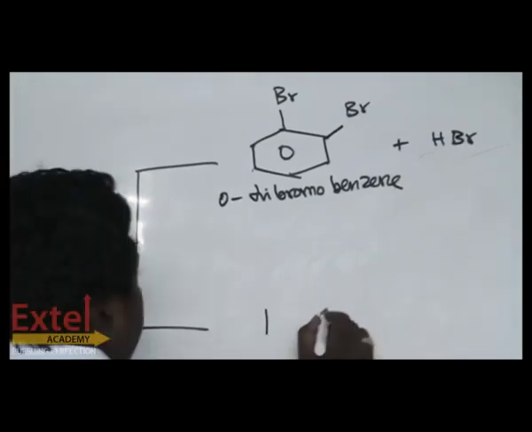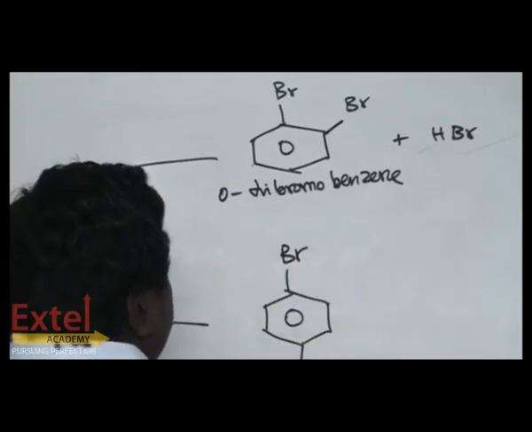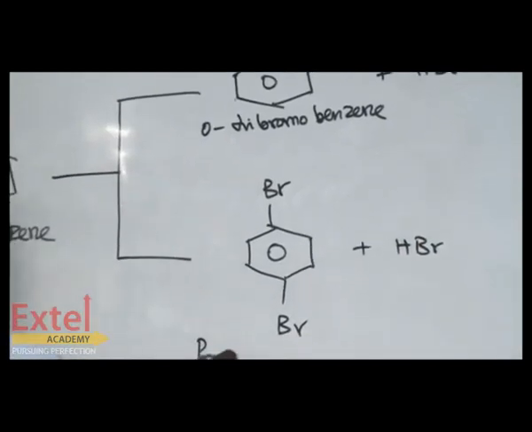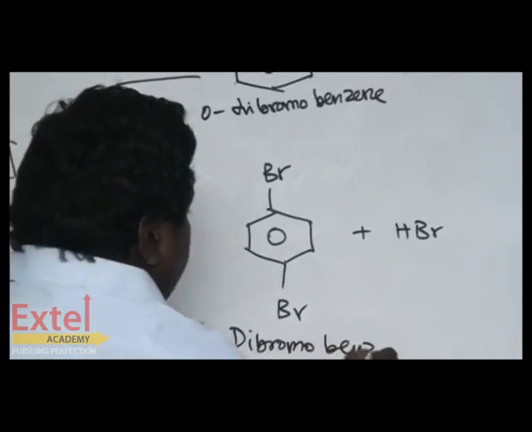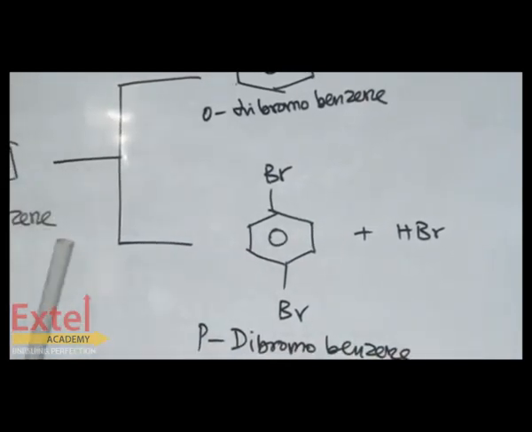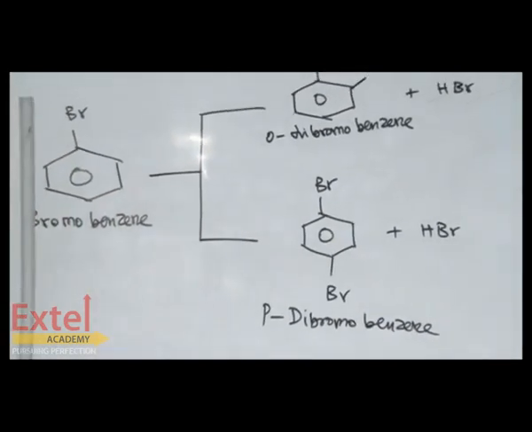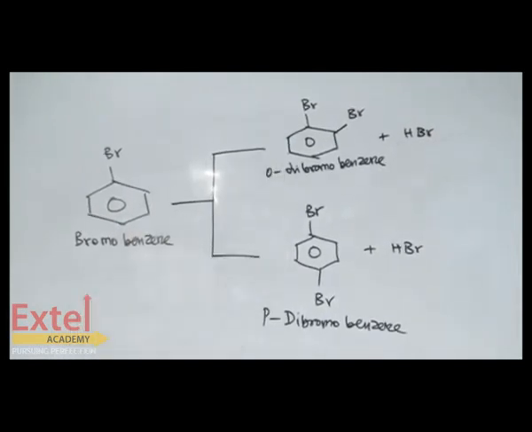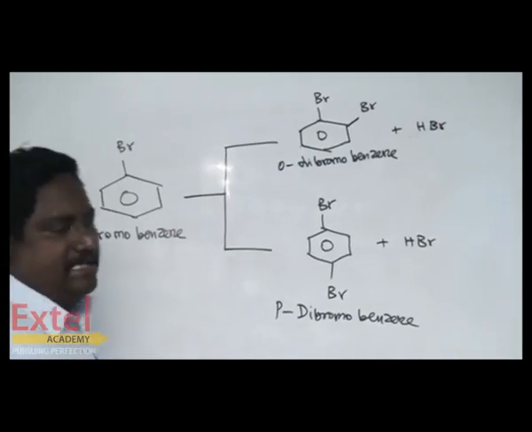In another case, para-dibromobenzene could be formed. So, it is the parallel reaction. Bromination of bromobenzene gives ortho-dibromobenzene and para-dibromobenzene. This is one of the examples.